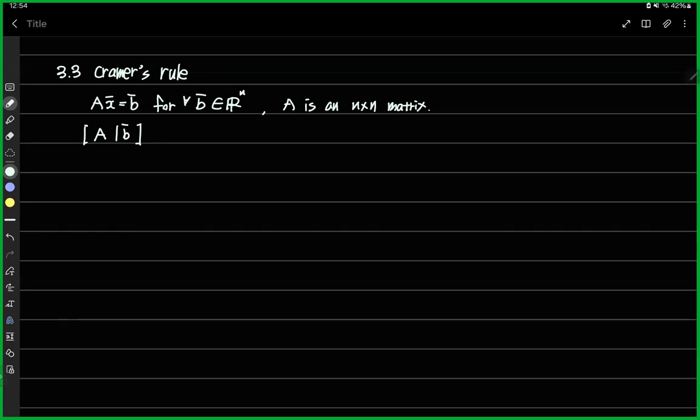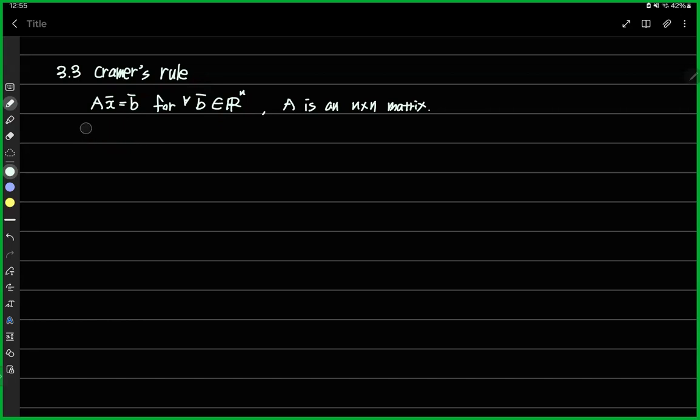But that's not an efficient way for solving the system for any choice of the column vector B. So we want to develop a method for solving the matrix system for any choice of column vector B. Cramer's rule is one of those methods.